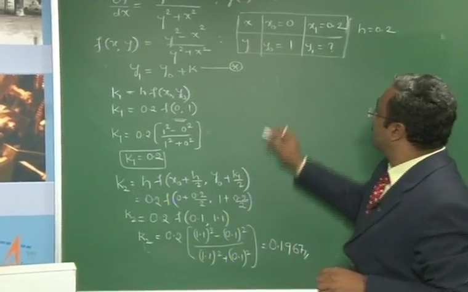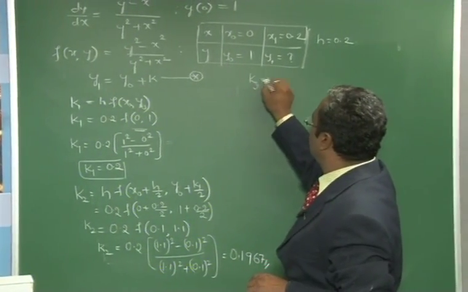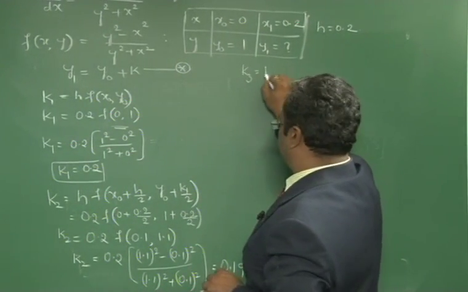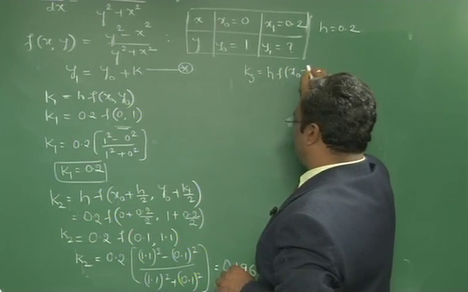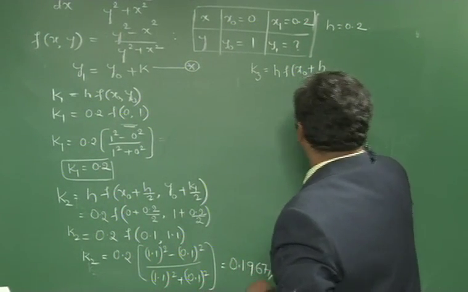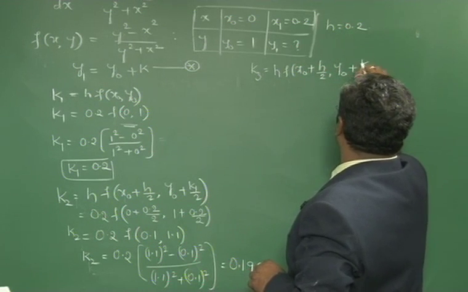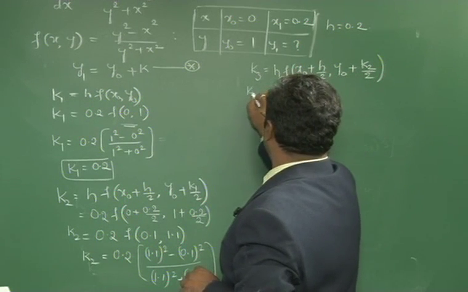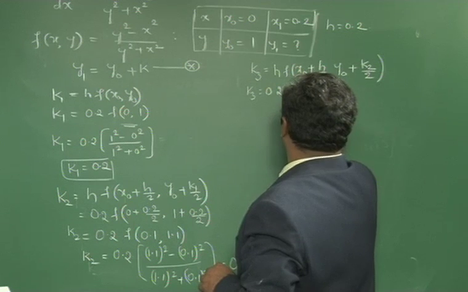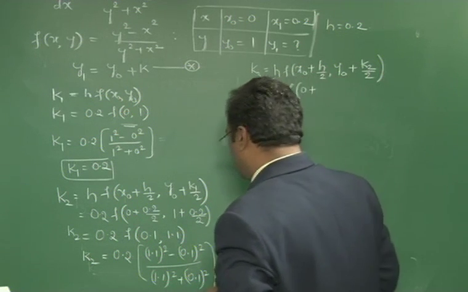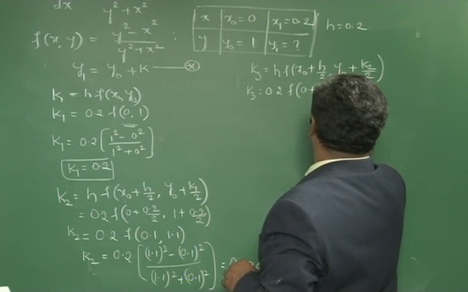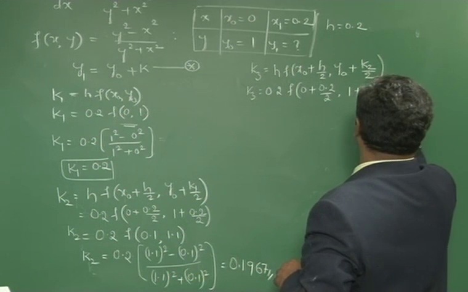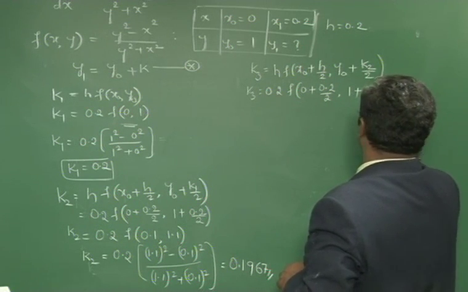And similarly, the corresponding k3 value we also find here now. For k3, in place of k1 you put k2, that is h times f(x0 + h/2, y0 + k2/2). k3 is equal to 0.2 times f(0 + 0.2/2, 1 + 0.1967/2).